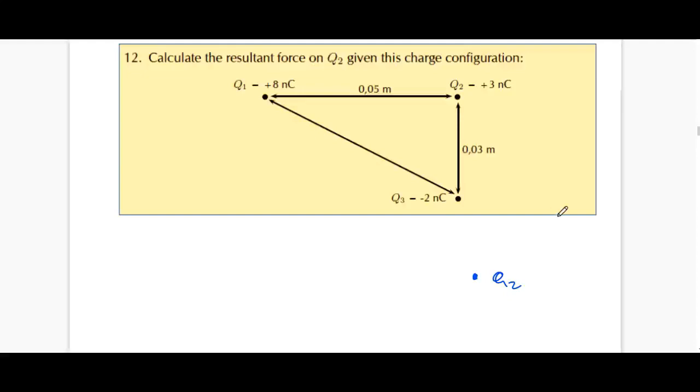So Q3 repels Q2, so it repels it upwards. And then Q1 as well is also negative. It repels it to the right.